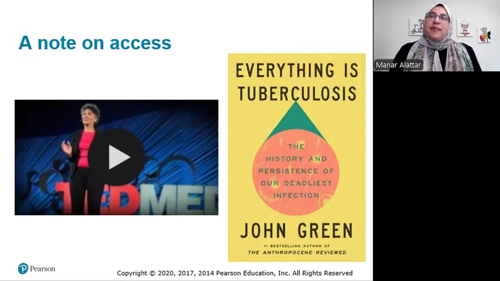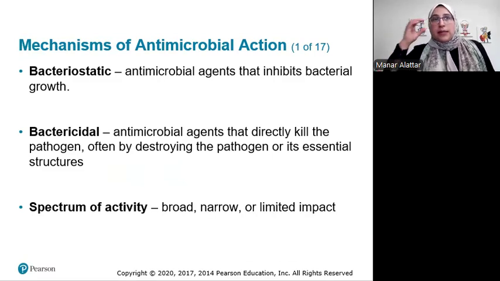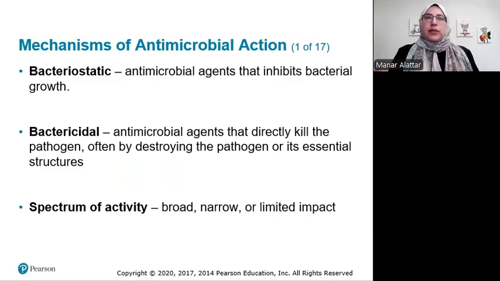Okay, so when we're talking about antimicrobials, there are chemicals that do different things. They act on the pathogen in different ways. Some of them are what we call bacteriostatic, which means they essentially stop some essential function within the bacteria without killing it.